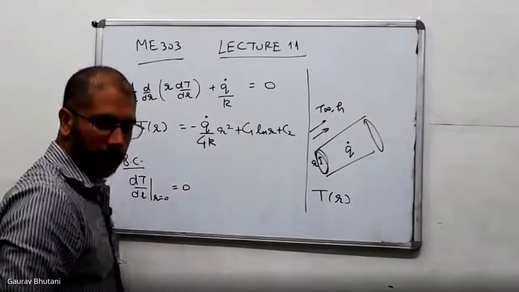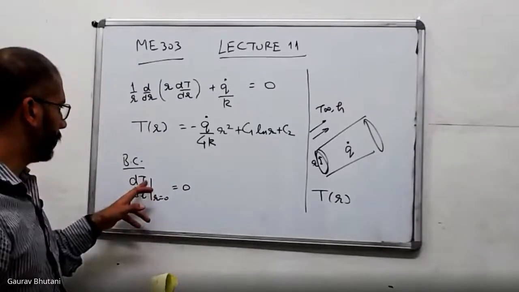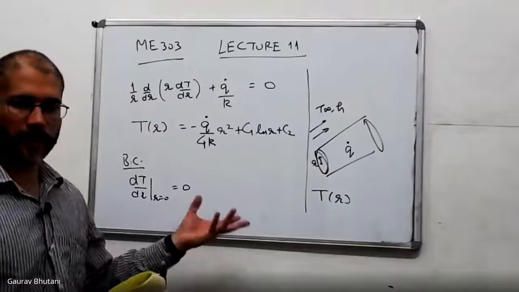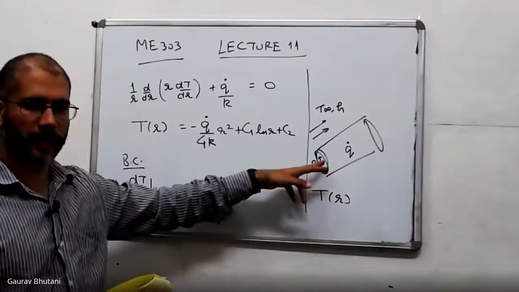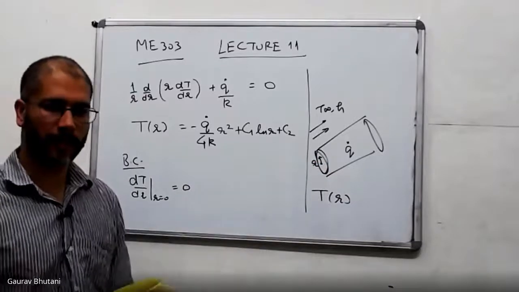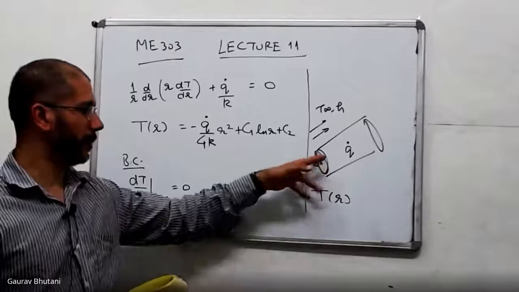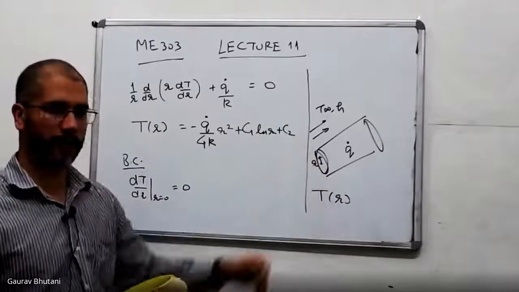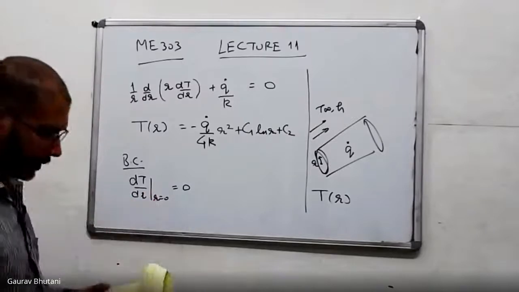There is no reason that the derivative of temperature should not be 0 at R equal to 0. If you go from R equal to positive to R equal to negative, you will see that it will be 0 at R equal to 0. There's no heat flow going in either the upward or the downward direction. So this has to be 0 because of symmetry.